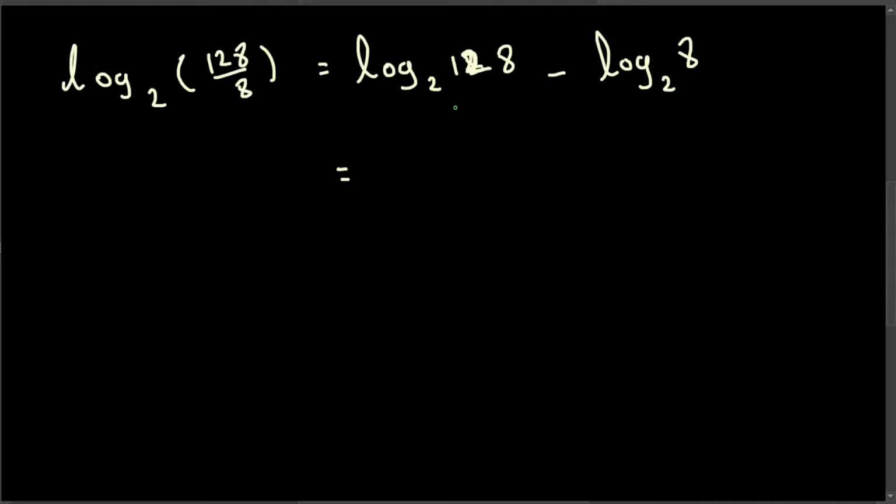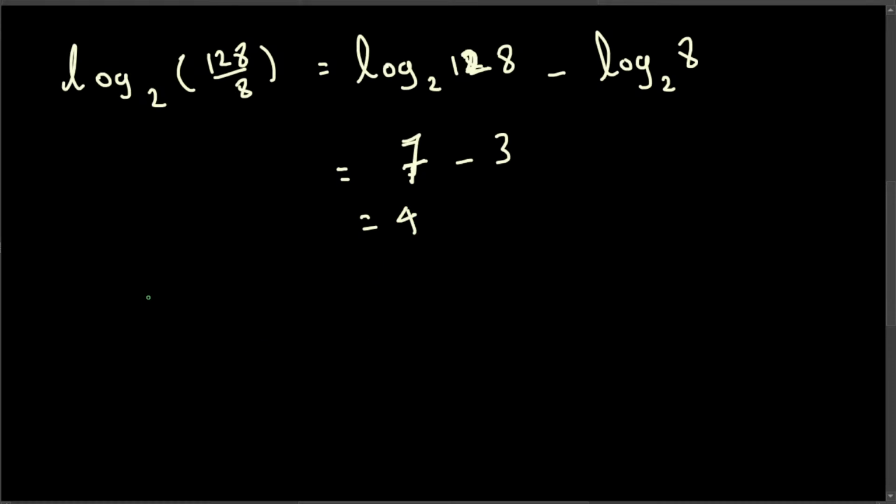Now 2 power what gives us 128? 2 power 7 is 128, so 7, and then 2 power 3 is 8, so this is 3. 7 minus 3, that's 4. So the answer for this one is 4.